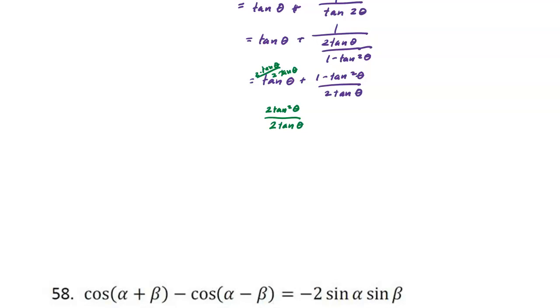I'm not going to simplify that, so that I can combine. Now I can combine tangent square theta plus 1 minus tangent square theta over 2 tangent theta.